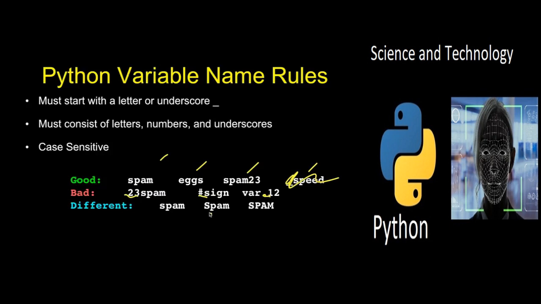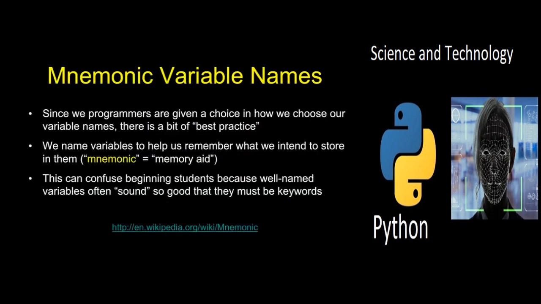And spam, capital Spam, and all-caps SPAM are different, but this is not something that you want to depend on too much. So that's just the rules for names. We tend to start them with a letter and then use letters, numbers, and underscores. Underscores, other than the first character, are generally pretty common, and you'll see those used a lot.